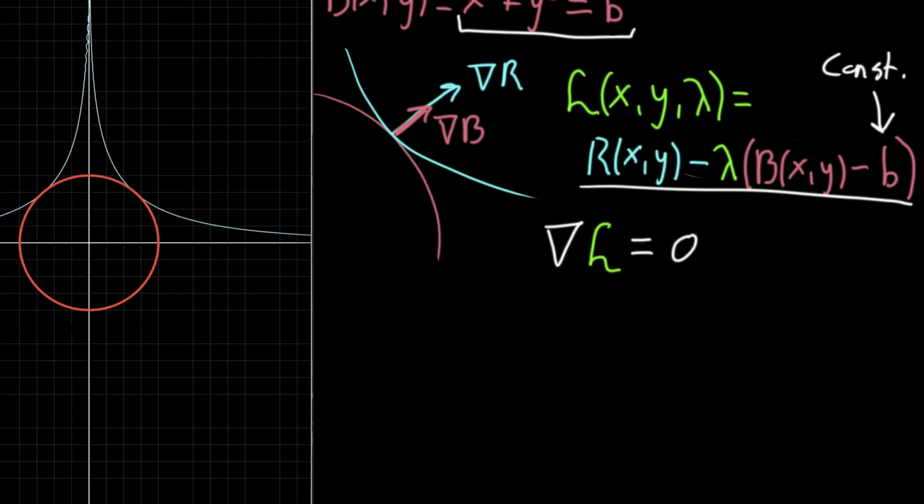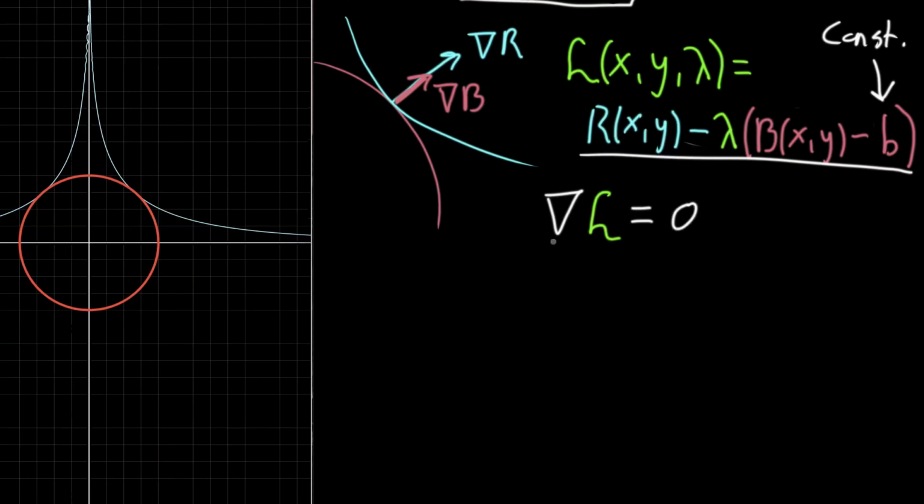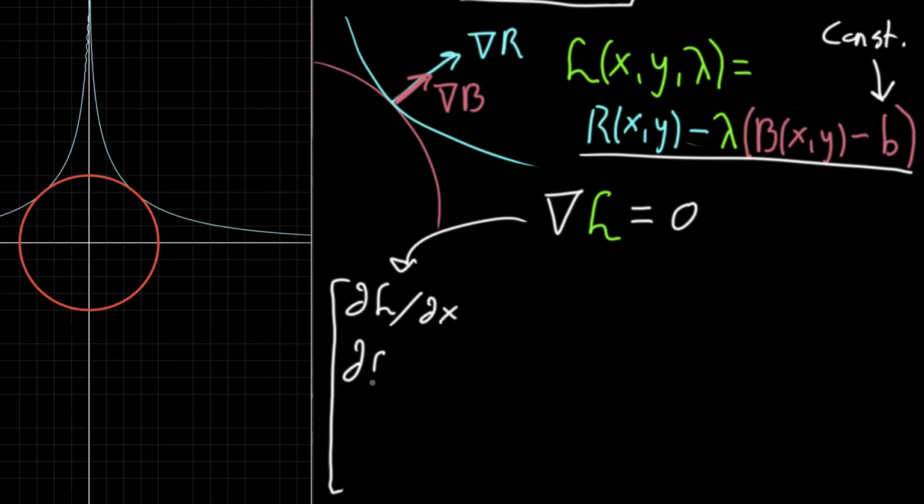So let's just remember the gradient of L, that's a vector. It's got three different components. Since L has three different inputs, you're going to have the partial derivative of L with respect to x. You're going to have the partial derivative of L with respect to y. And then finally, the partial derivative of L with respect to lambda, our Lagrange multiplier, which we're considering an input to this function.